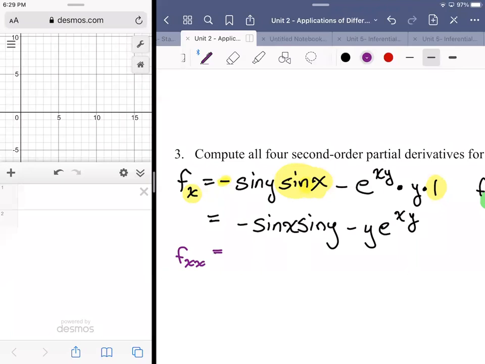So now I'm going to take the derivative of this expression with respect to x. The derivative of sine of x is cosine x, everything else comes along for the ride. So negative cosine x sine y.